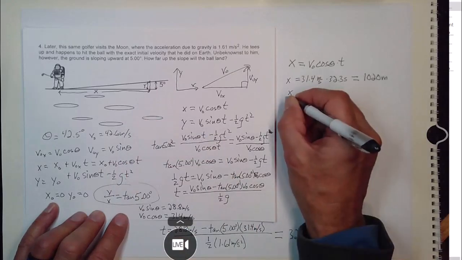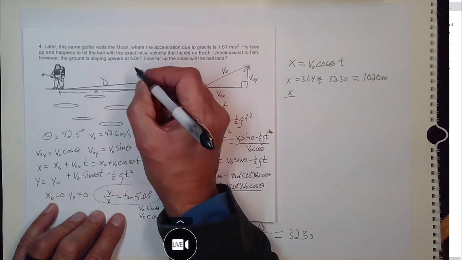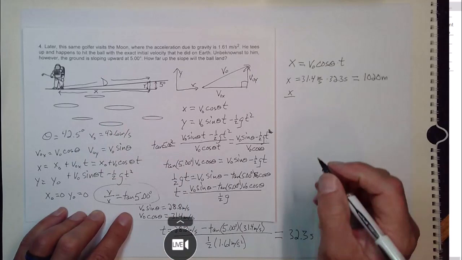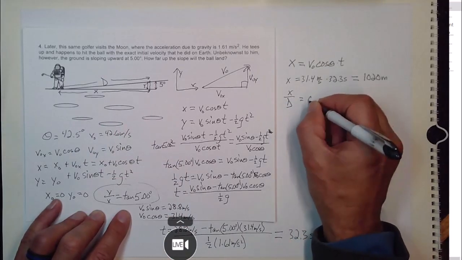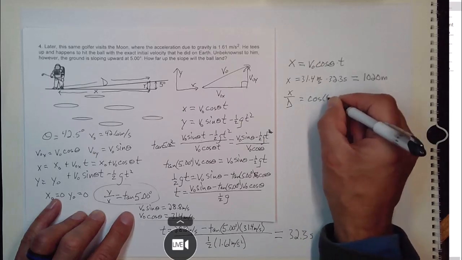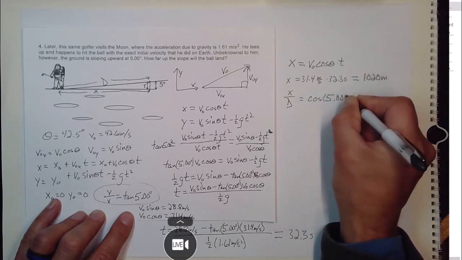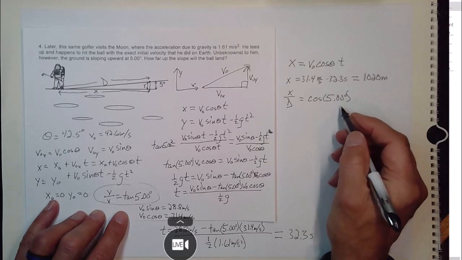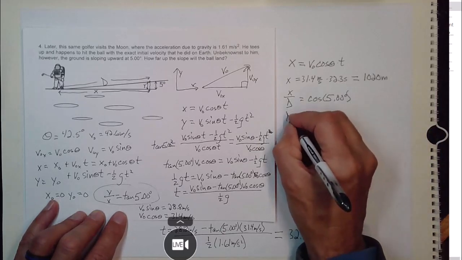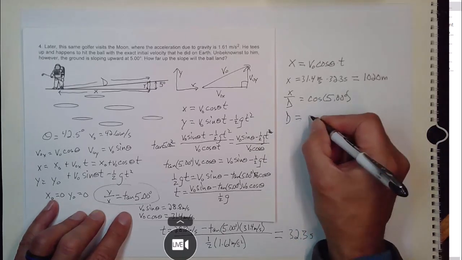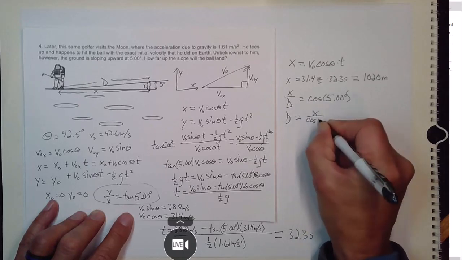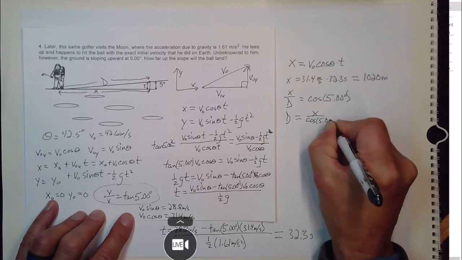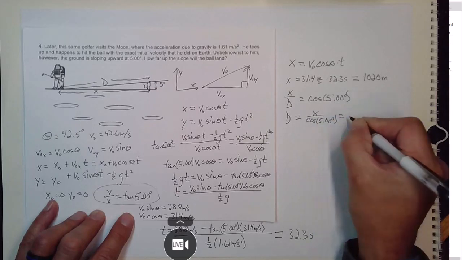So if I call this d for how far it goes, x over d will equal cosine of 5.00 degrees, which is pretty close to 1.